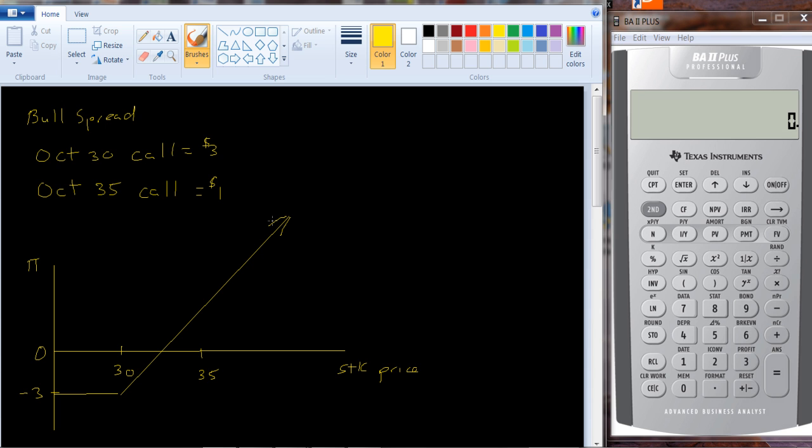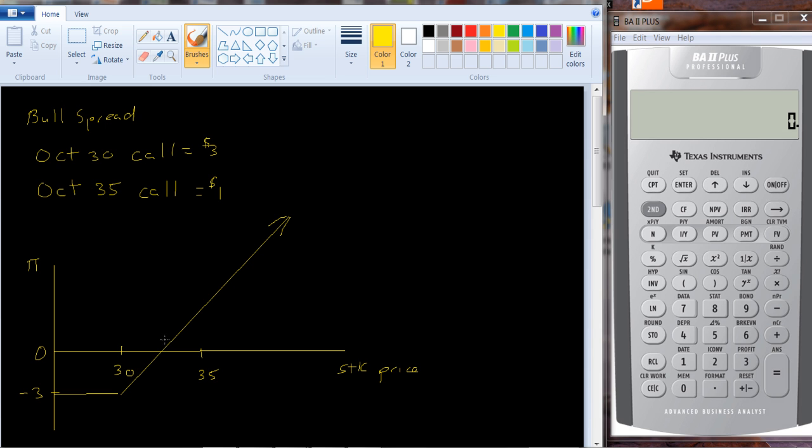That is, you can make an unlimited amount of profit if the stock price goes up. On this axis we have stock price, on this axis we have profit. If it went to $1 million a share, you'd make $1 million. So let's think about this. For every dollar it goes above 30, you make $1.